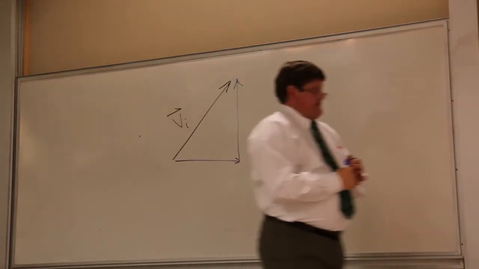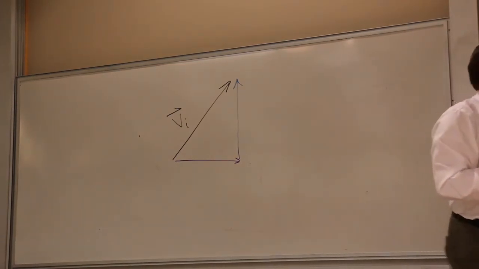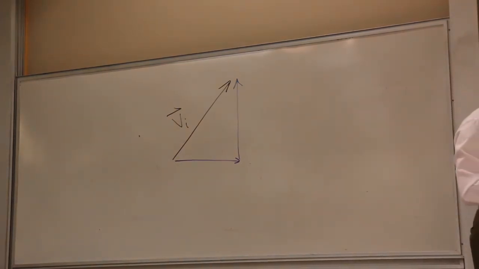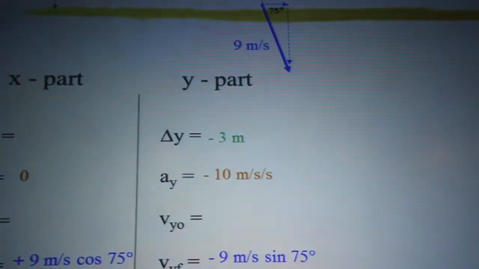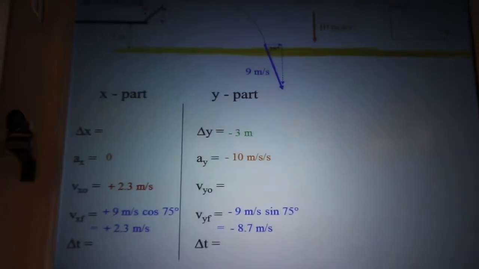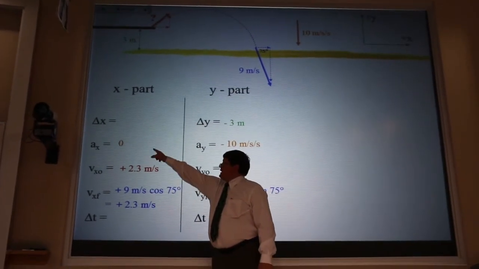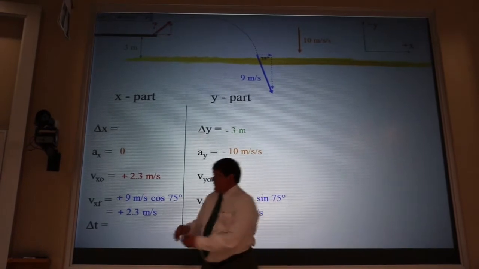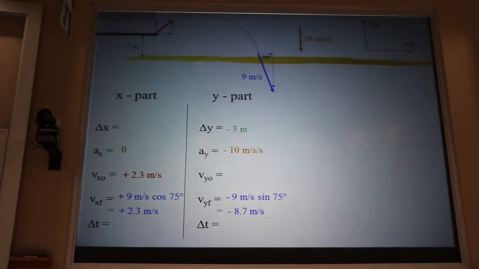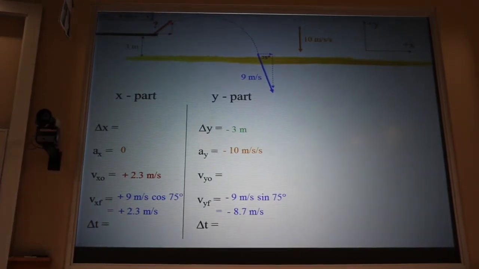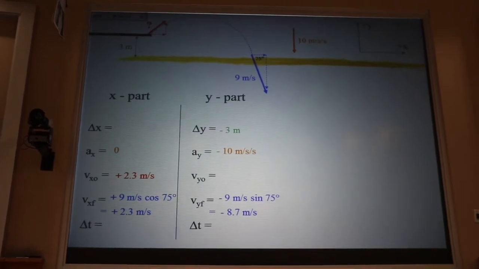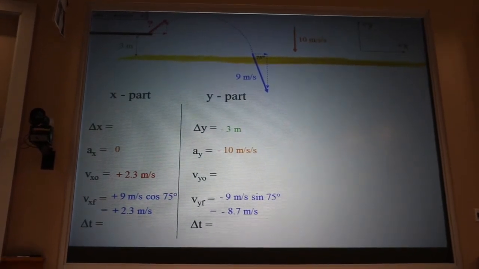I just found the x part. Because the acceleration in the x direction is 0, the initial and final in the x direction is always the same. It's like taking this and every second adding 0 to it. And so that means I've got half my problem done. I know that the x part of the initial velocity is 2.3 meters per second.